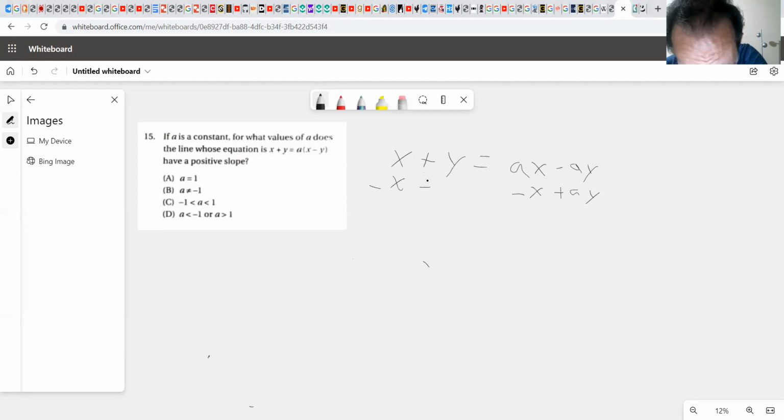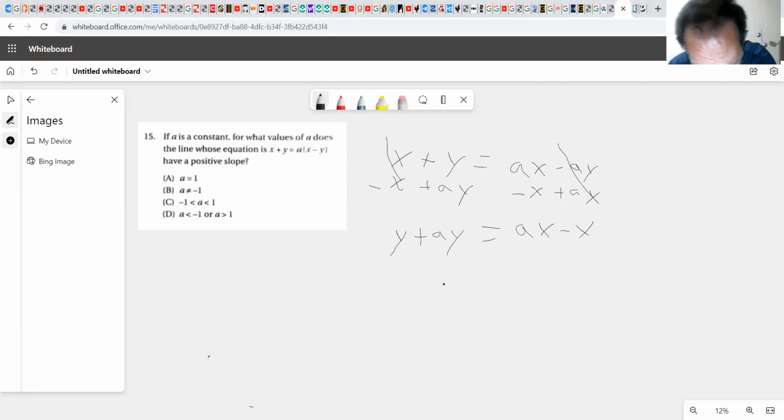Then the x's cancel out over here, so we get y plus ay equals ax minus x, and the other terms cancel out.